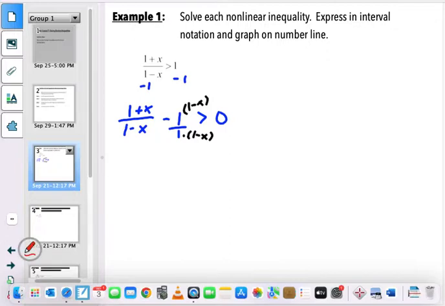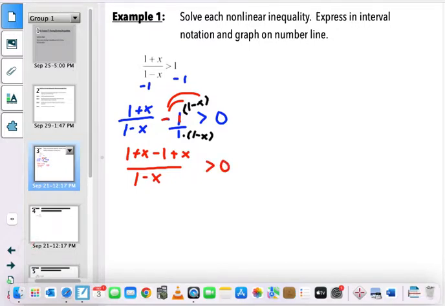So I end up getting on the left-hand side my common denominator, 1 minus x. I'm going to combine all these up here, and I'm not going to forget to distribute the minus 1 through the parentheses. So I get 1 plus x minus 1 times 1, there is a minus 1. Minus 1 times a minus x is a plus x.